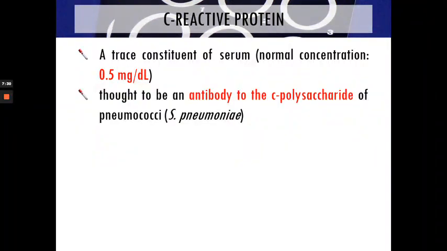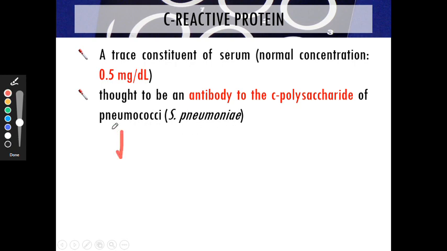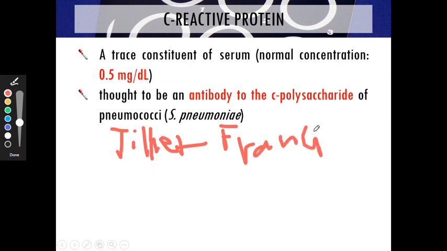It was initially thought to be an antibody to the C polysaccharide of your pneumococci, S. pneumoniae, because CRP was discovered by Tillett and Francis. That's in your Immunoserology book, Tillett and Francis.